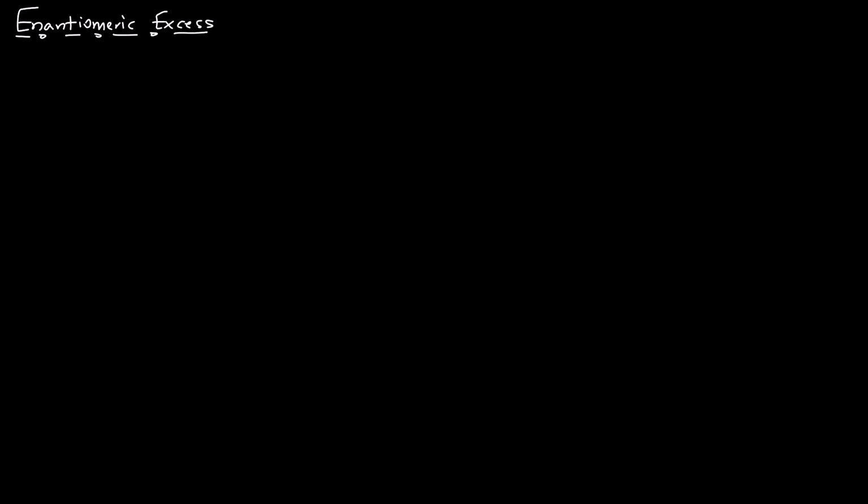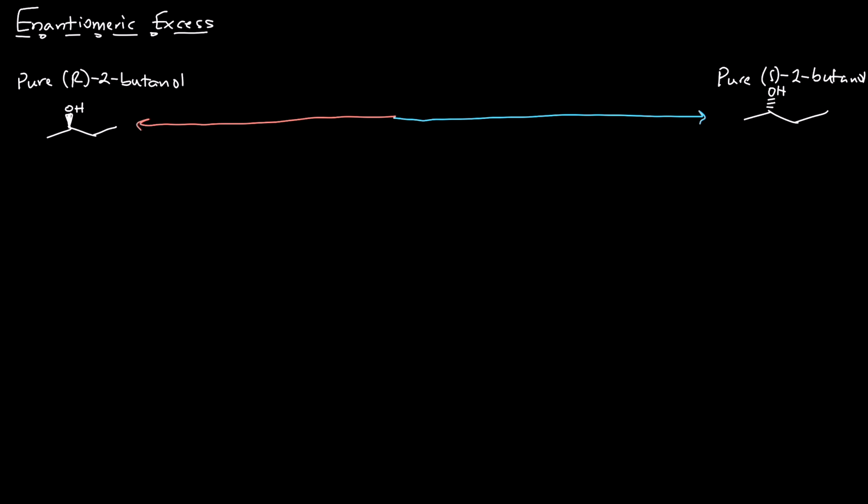Okay, so now let's illustrate this concept in an actual example. So let's think about this as if it were a spectrum. On the left-hand side, we have pure R-2-butanol, and on the right-hand side, we have pure S-2-butanol. So we go through that spectrum.